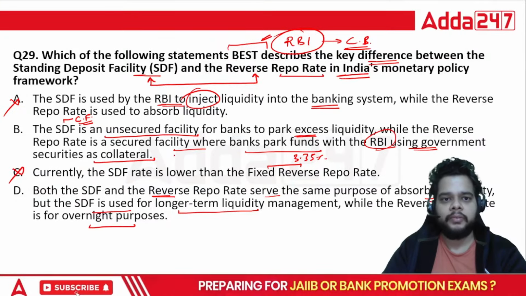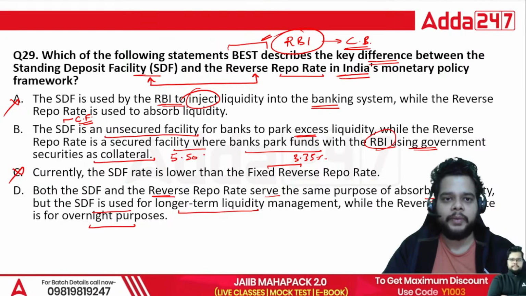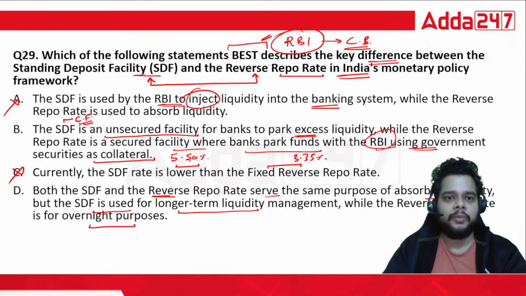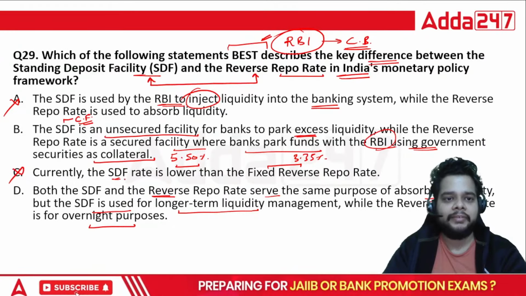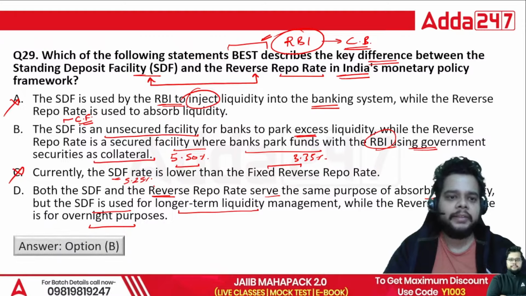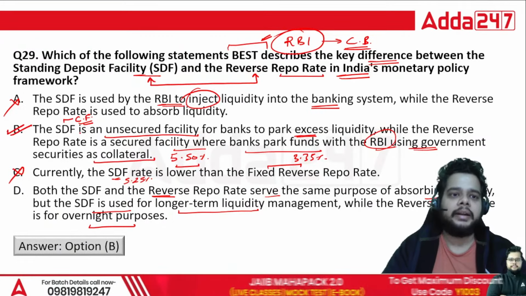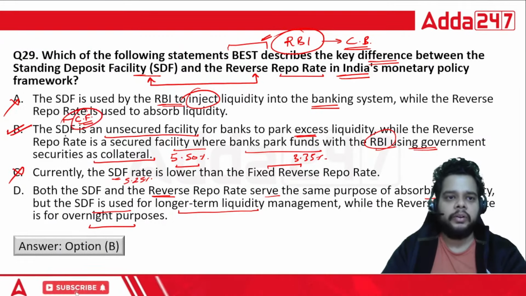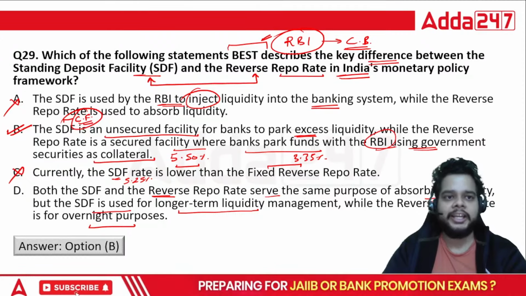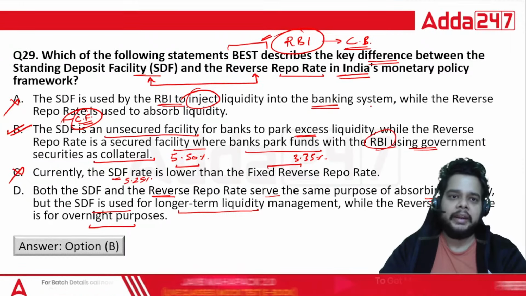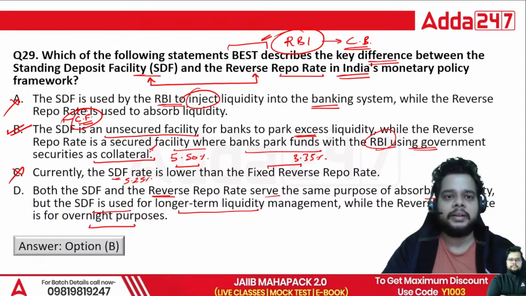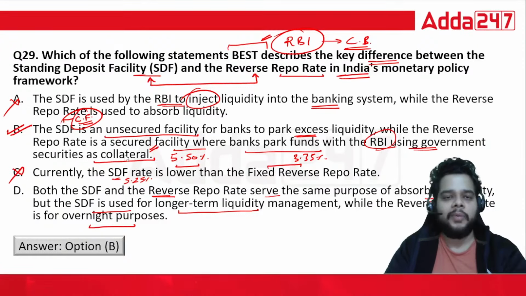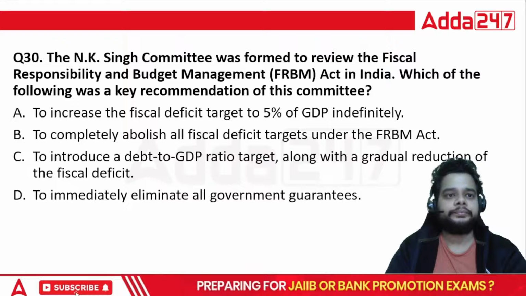Right now, as you know, the repo rate is 5.5%, and when you subtract 0.25 from the repo rate, you arrive at the SDF rate, which is 5.25%. So the right answer will obviously be option B: a collateral free lending facility is provided under SDF, and for reverse repo, you must have collateral in the form of government securities.